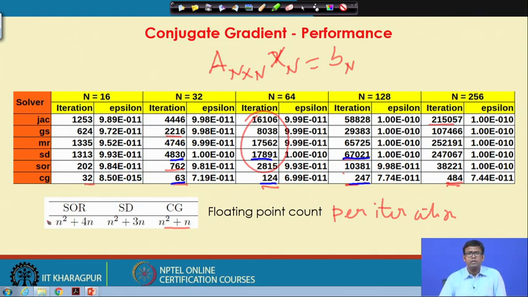So conjugate gradient is a very fast solver: the number of iterations is small, and the number of floating point operations per iteration is small. As a whole, it will give us an extremely fast solver, and the number of iterations is usually of the order of n.